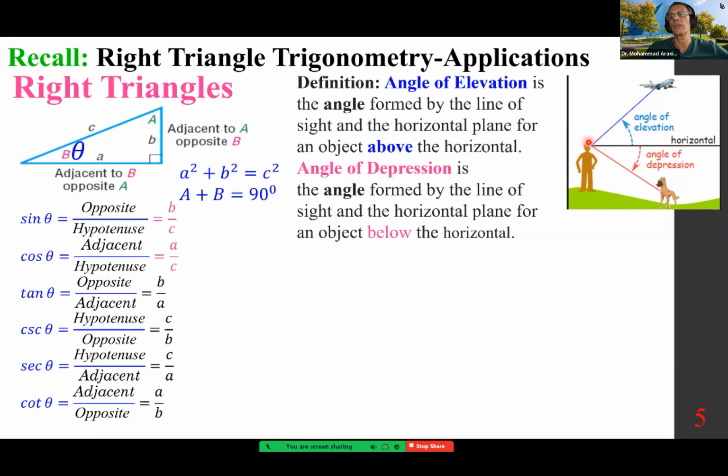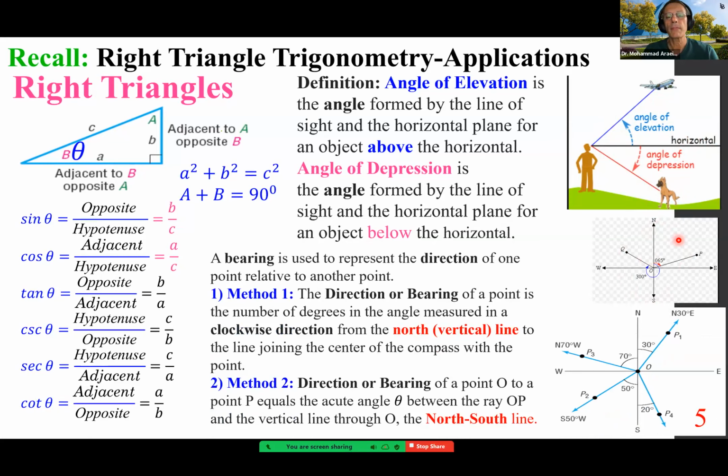There are two ways to look at the bearing. Method one, you just compare it to the north and you go clockwise. In the case of a second method, the direction or bearing of a point O to point P, you start always with either north or south and the closest angle to it. For example, P1 has a 30-degree angle, so you start with north, then the angle, and it's to the right of it, east.